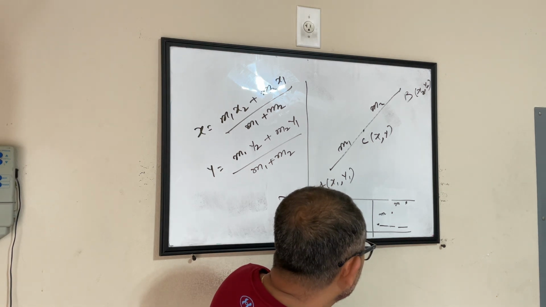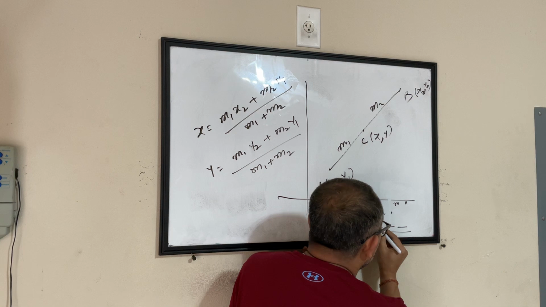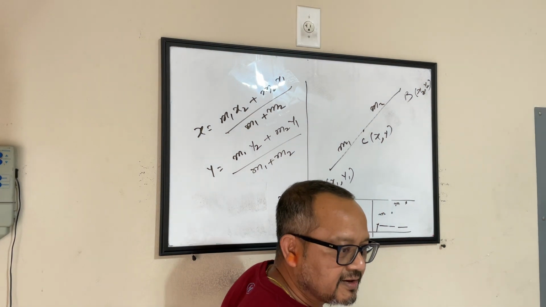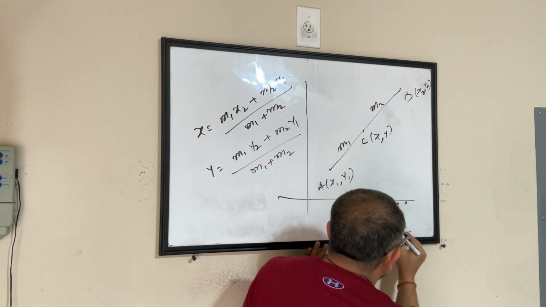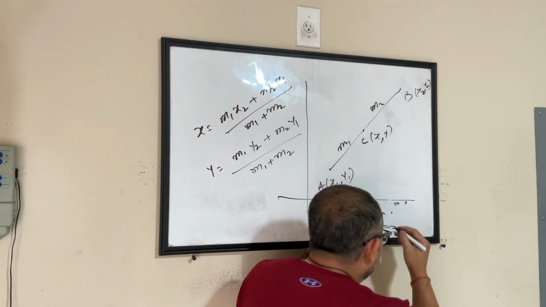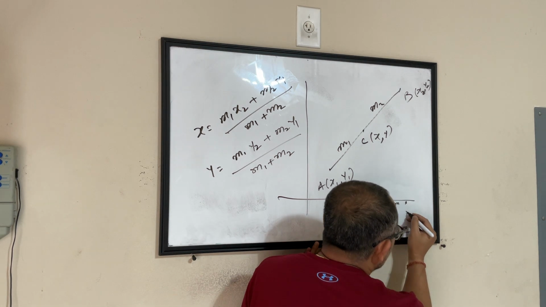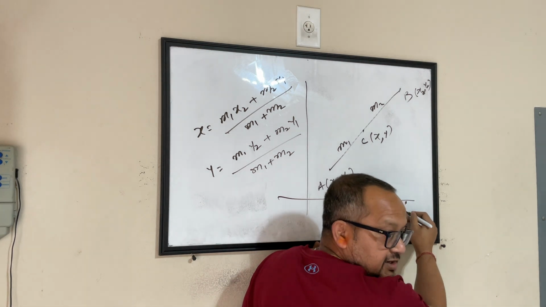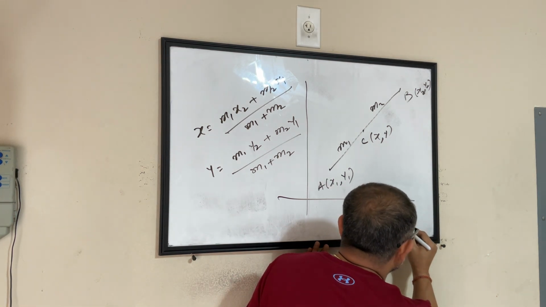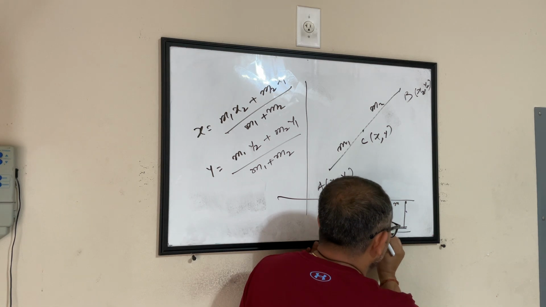Now you can relate it to different scenarios. Let's say you have a boy staring at 2 buildings, and this is the distance between the 2 buildings. Let's say this building was smaller than this one. If you are standing here, you will not be able to see the roof of this building, correct? So people will say, find out the maximum height of the building that this guy can see from here.